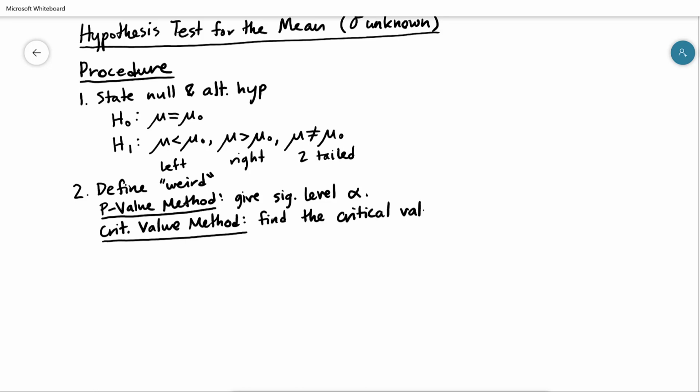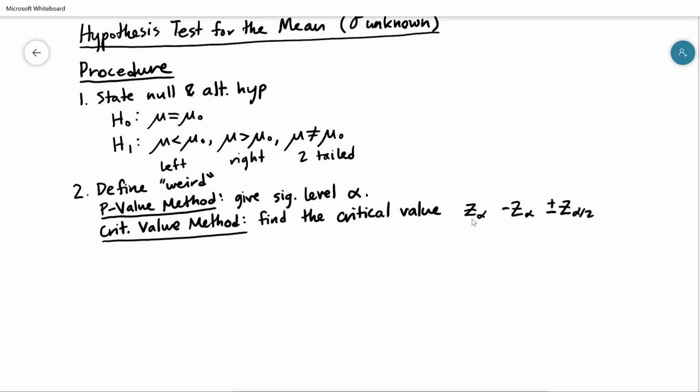In the previous video, the critical value was either z sub alpha or negative z sub alpha or plus or minus z sub alpha over 2, depending on whether we were right-tailed, left-tailed, or two-tailed in the form of our alternate hypothesis. This is going to be the same thing, but again, remember, with sigma unknown, we're going to be using s instead. So we're going to be using the standard deviation of the sample rather than the standard deviation of the population.